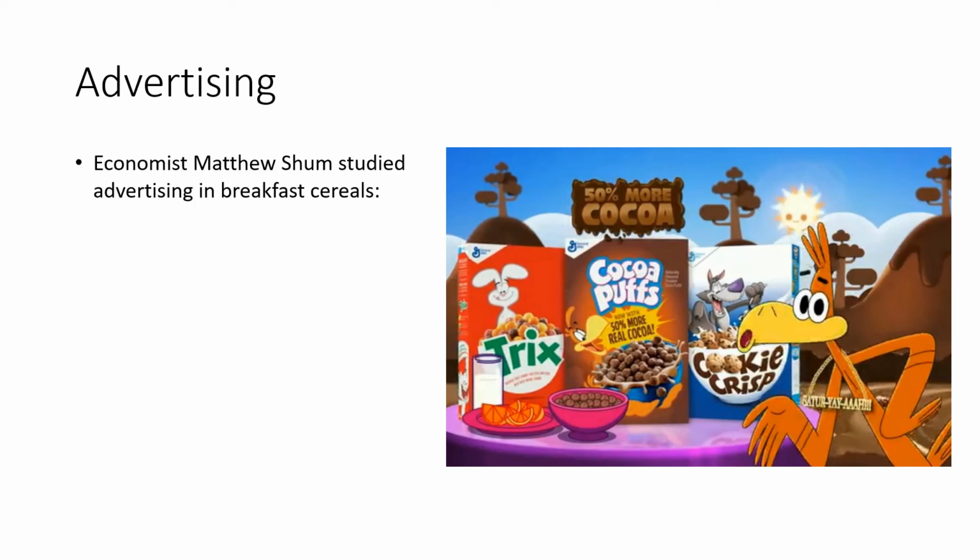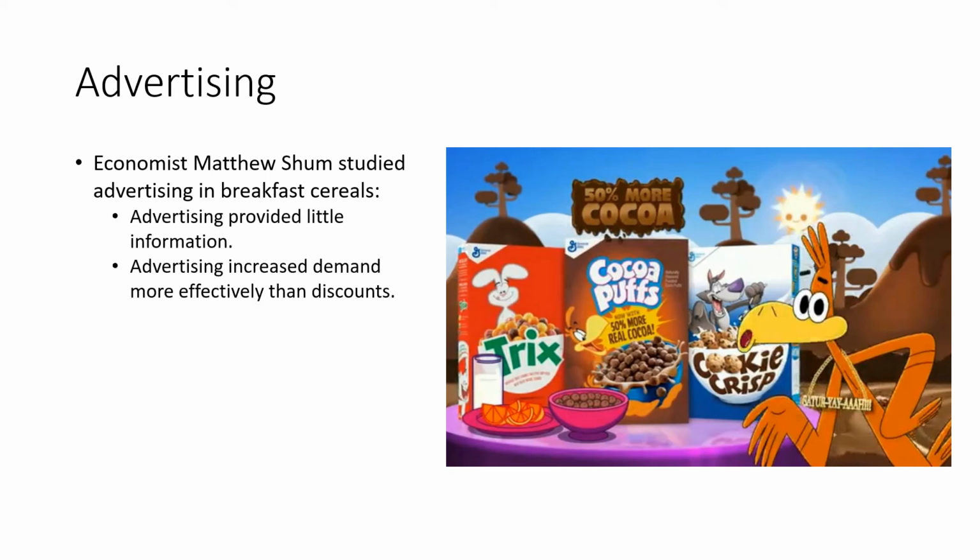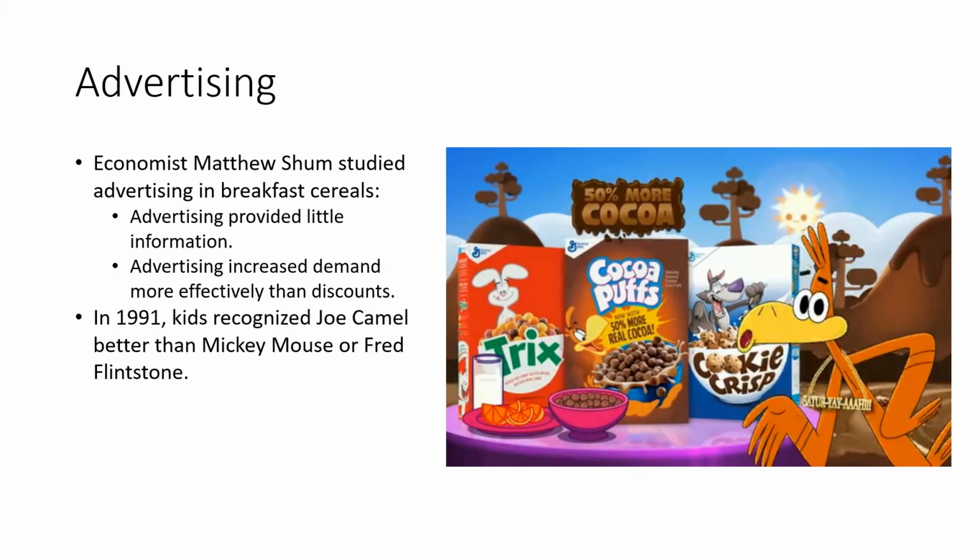So economist Matthew Shum studied advertising in breakfast cereals. Advertising provided little information. Advertising increased demand more efficiently than discounts. And in 1991, kids recognized Joe Camel better than Mickey Mouse or Fred Flintstone.